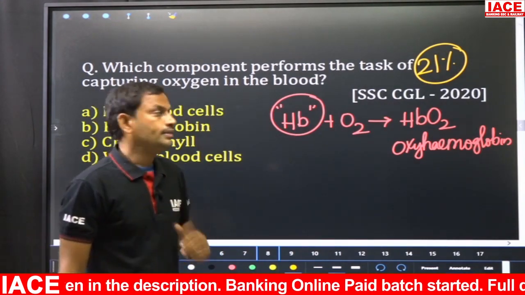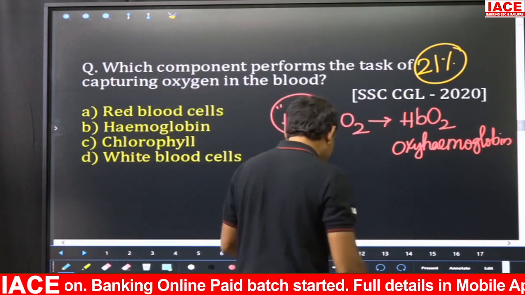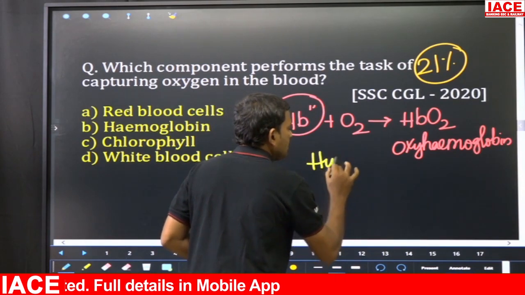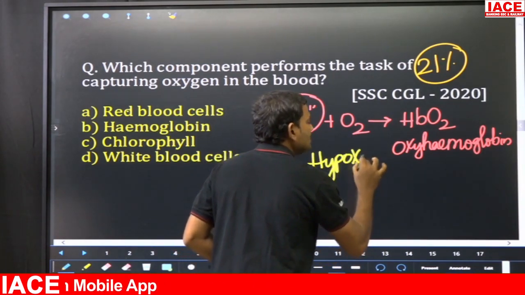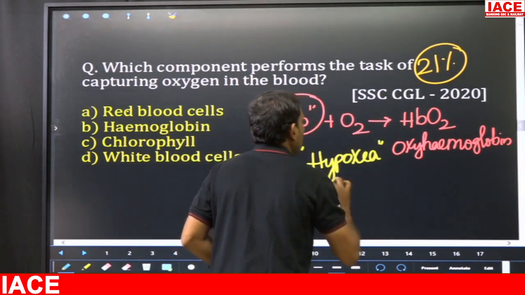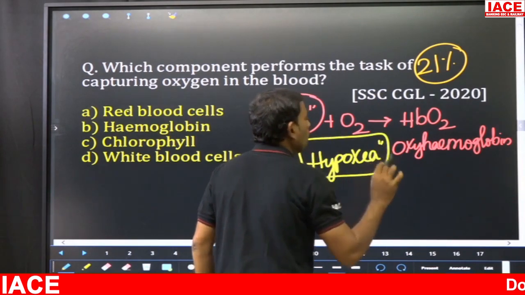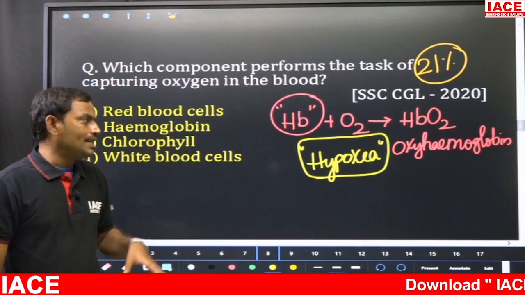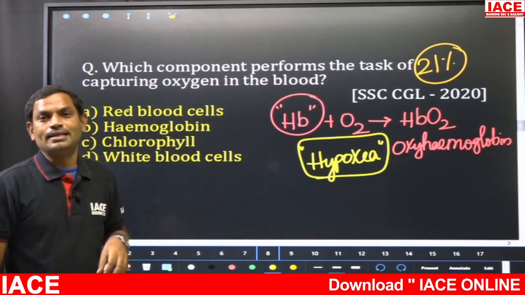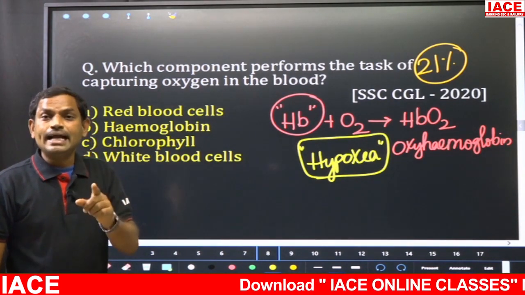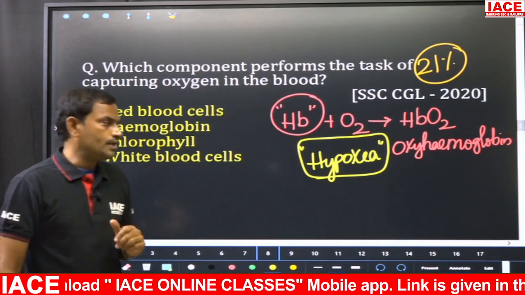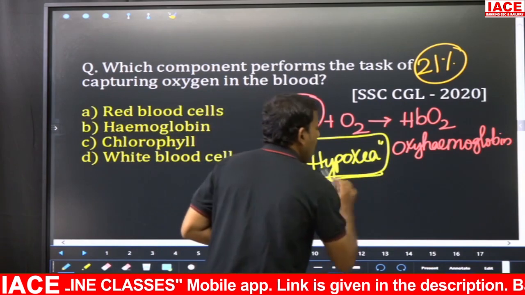If not, there is a decrease in the blood oxygen level, which we are calling hypoxia. Remember, this is an important term. In this COVID pandemic disease, there is a decrease in the blood oxygen levels. That condition where there is a low availability of oxygen in the blood or in the body to the body cells is nothing but hypoxia.